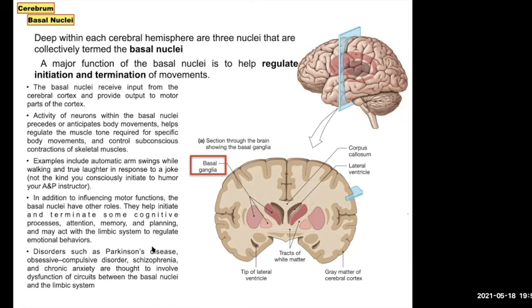Very impulsive kind of behavior, things where you can't control, like twitches and spasms and stuff like that, or uncontrolled behavior. That's an overactive basal nuclei. And both of them have to do with dopamine because your basal nuclei are kind of modulated by the neurotransmitter dopamine. In any case, that is the end of that brain stuff.